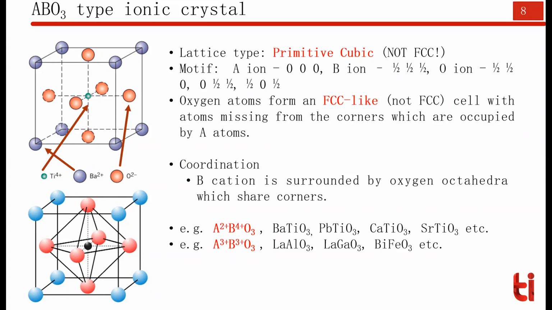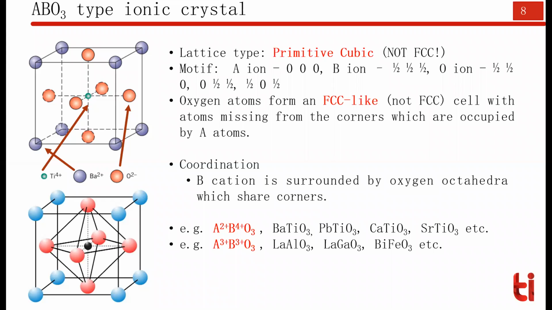For example, since you have 3 oxygens, the total valency of the oxygen side is, oxygen, you remember, has its valency equal to -2. So if I have 3 oxygens, my total valency is -6. So I have to compensate the negative charge with an equal amount of positive charge. So A and B together should provide me +6 charge.